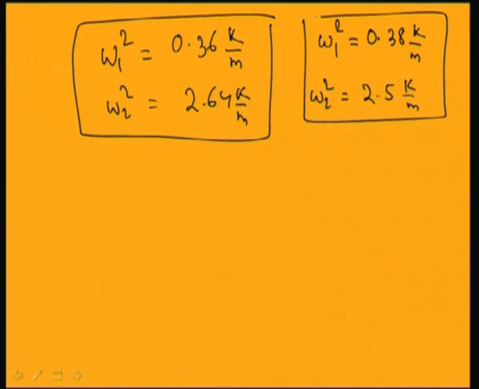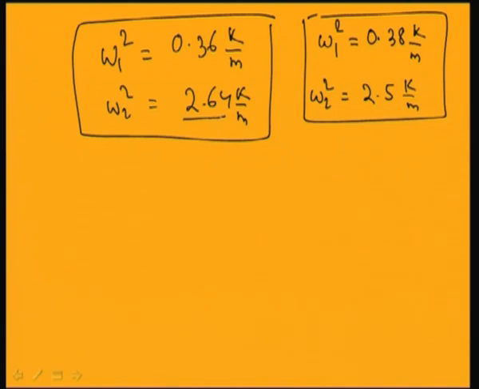Note that by taking the static deflection we obtained values very close to the first and second mode frequencies. The first mode is 0.36 exact and here 0.38, and for the second mode the exact eigenvalue is 2.64 and here we get 2.5.